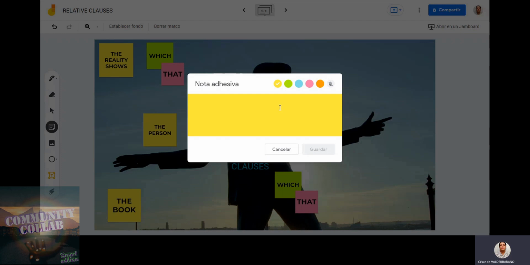So I have to create the sentence like this: the reality shows which or that I used to watch. Here you can use anything, I mean, the sentence you want to describe.